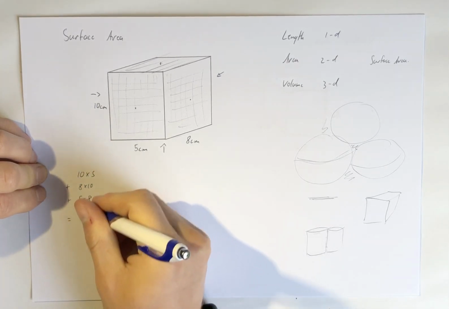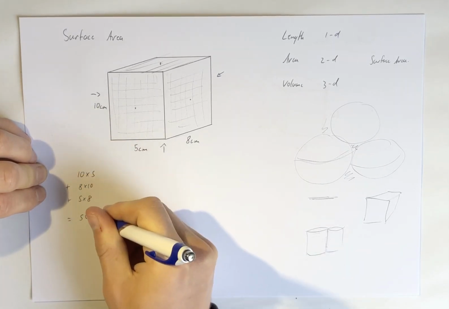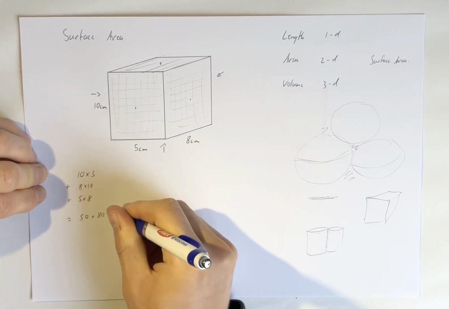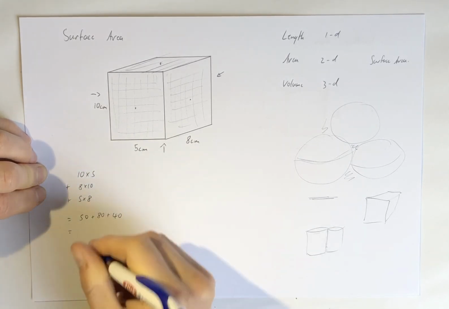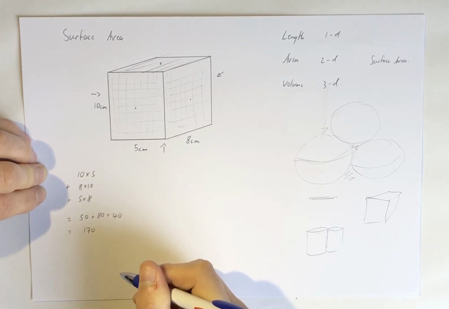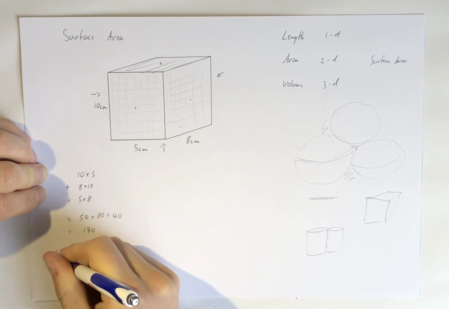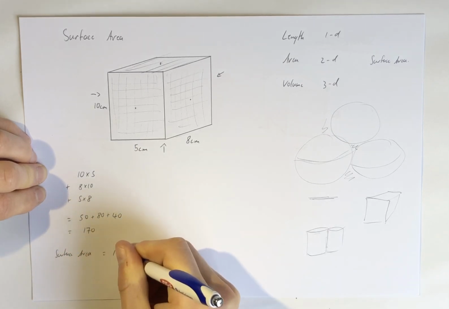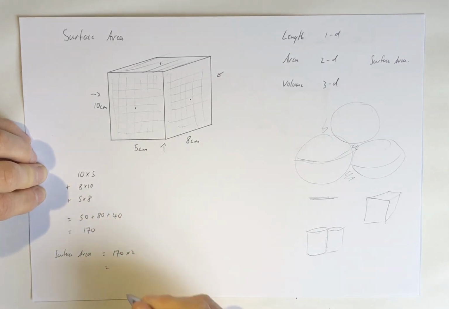So this is equal to 50 plus 80 plus 40. So what have we got? We've got 170. And so surface area is equal to 170 times 2. What's that going to be?